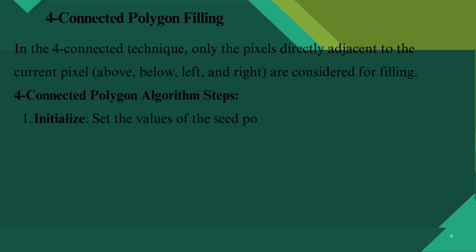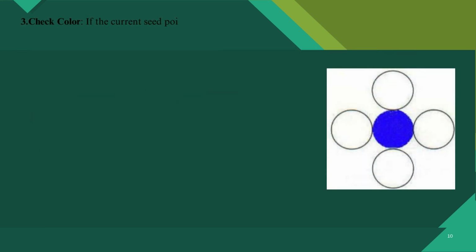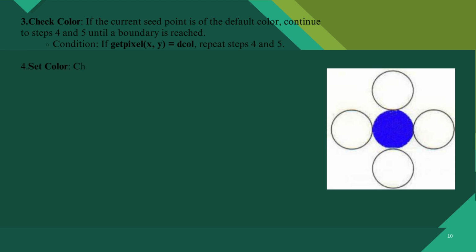First, we have to initialize the values of the seed point, fill color and the default color. Next, we have to define the boundary, that is to identify the boundary values of the polygon. Third, we have to check for the color. If the current seed point is of the default color, continue to the next steps until a boundary is reached. The fourth step is to set the color.